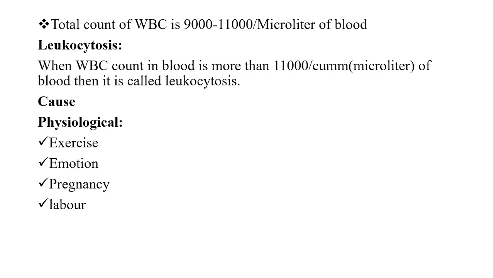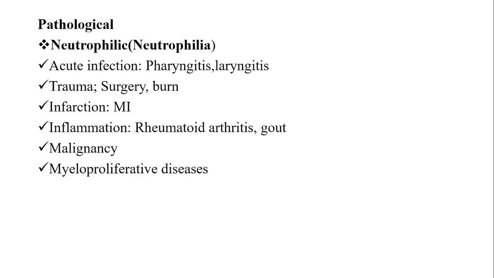Sometimes it can also increase in some physiological conditions like exercise, emotion, pregnancy, labor, because all of these things, though they are physical, are stressful conditions, and in any stressful condition the count of WBC can increase because they serve as the defense mechanism of our body. So if they identify any type of stressful condition, they will be alerted and their count will be increased.